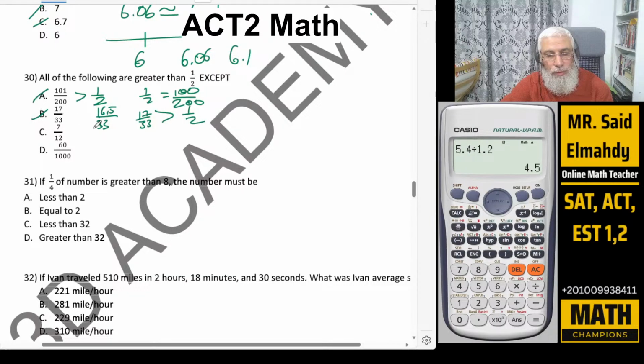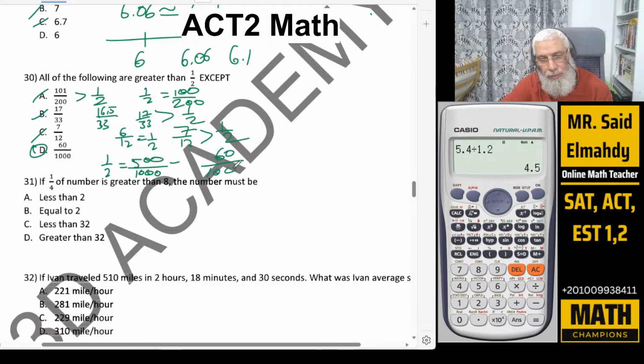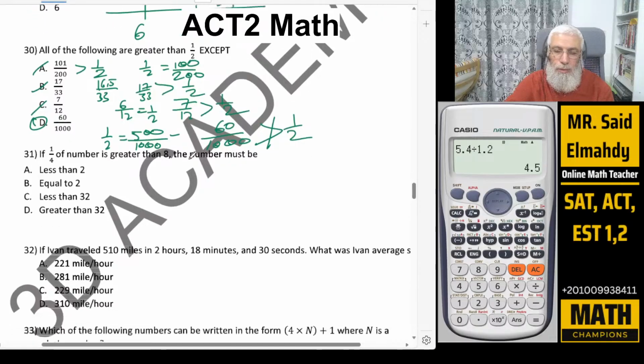So we don't need this. Half of 12 is 6. 6 over 12 is equal to 1/2, so 7 over 12 is greater than 1/2. So the answer is here, because half here is 500 divided by 1000, and 60 over 1000 is not greater than 1/2. So this is the answer.